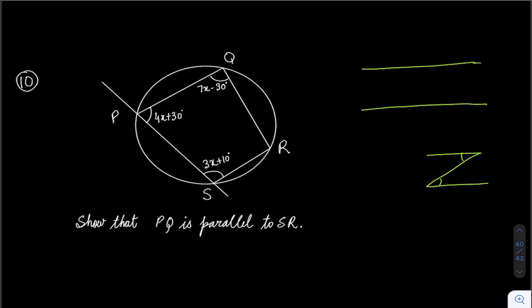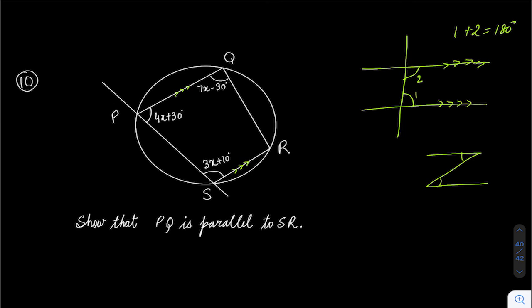So if we want to prove that the PQ line is parallel to SR, we have to prove that the sum of co-interior angles is 180, right? This angle plus this angle. If this is 1 and this is 2, then 1 plus 2 is 180 if these lines are parallel.